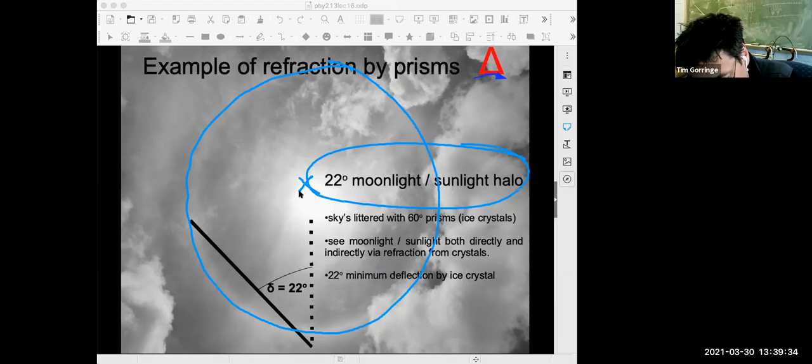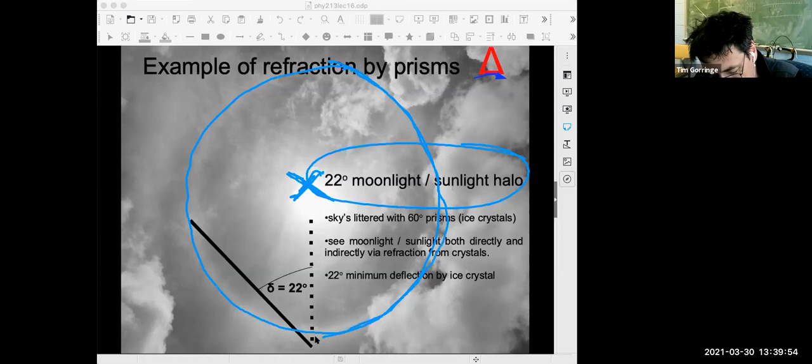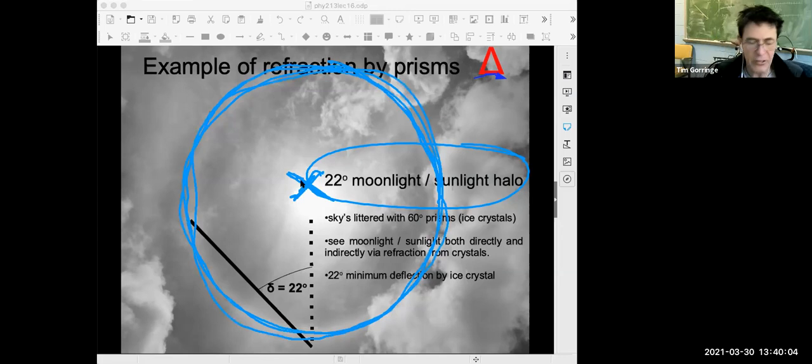In this picture, you're seeing light from the sun that comes to you directly. So in the center here, this is light coming directly to you from the sun. But you also see light that's refracted, bent by 22 degrees, that comes to your eye from this circle, or this arc, that is 22 degrees away from the sun.